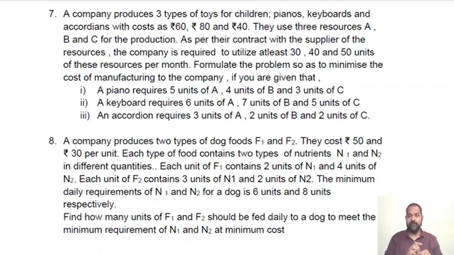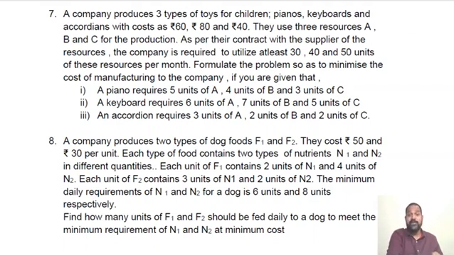A piano requires 5 units of A, 4 units of B and 3 units of C. A keyboard requires 6 units of A, 7 units of B, 5 units of C. An accordion requires 3 units of A, 2 units of B and 2 units of C. So you have to minimize the cost. Cost of what?